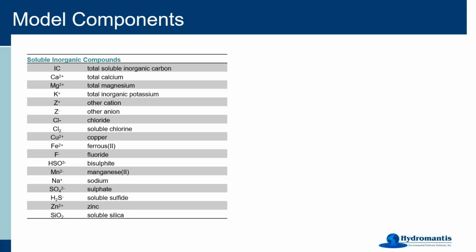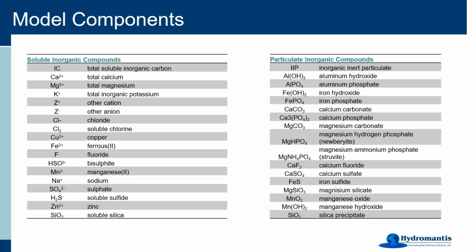But you will see manganese, for example, iron, copper, chlorine, and some other common components like calcium and magnesium. They are there for you to input into the model and then track as you simulate your system, right?